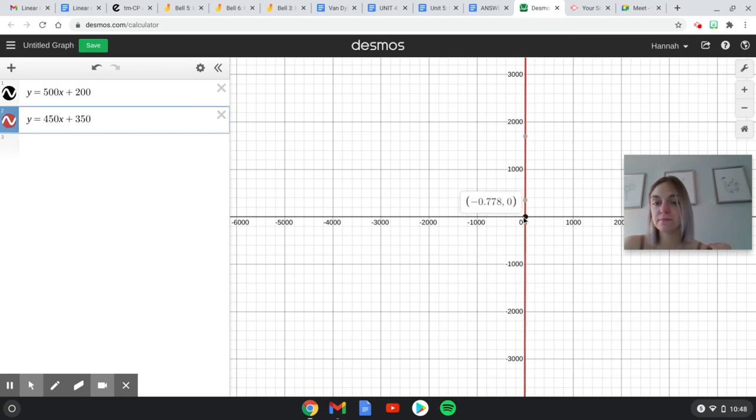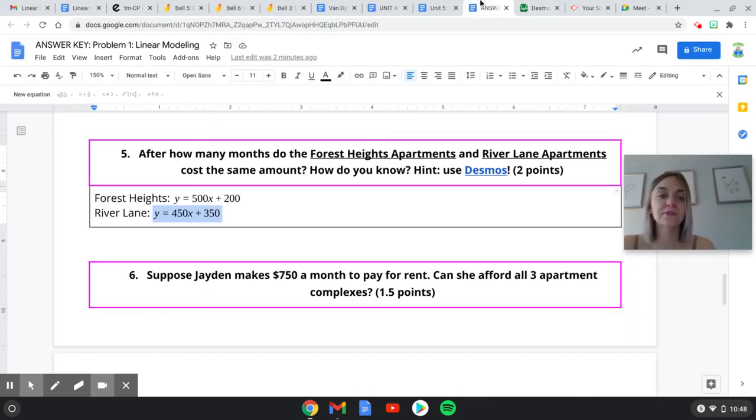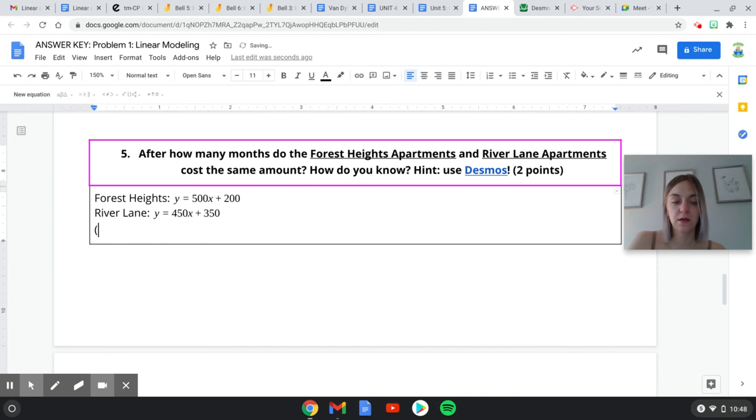Oops. So I'm going to ignore it. If I click on this, I have a 0, 350. I'm going to ignore that. But if I find this other dot, I have 3, 1700. No zeros there, so I know that's what I'm looking for. So I'm going to type that 3, 1700.